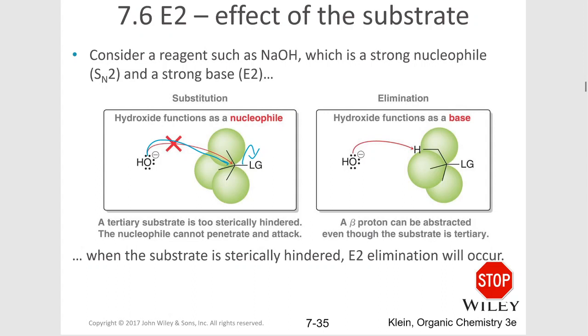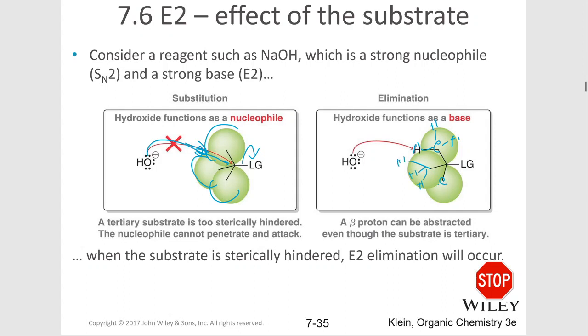But if we've got a tertiary substrate here, then it's not going to be able to reach that alpha carbon. It's going to be bouncing off basically. But remember, if this is a tertiary substrate, then each one of these beta carbons has got some hydrogens on it.